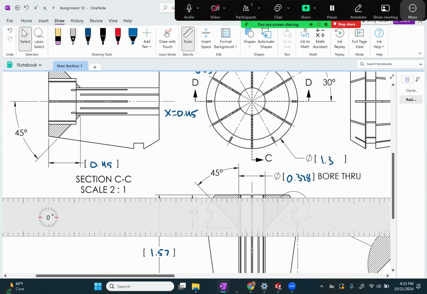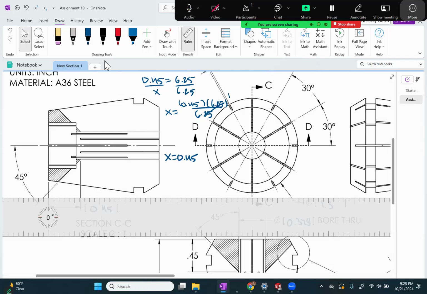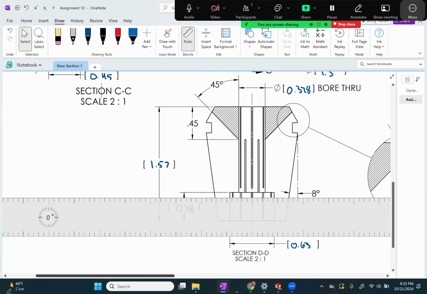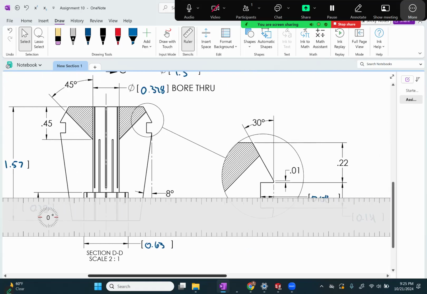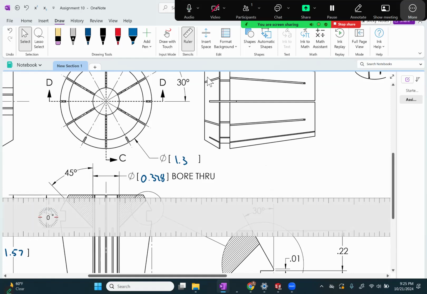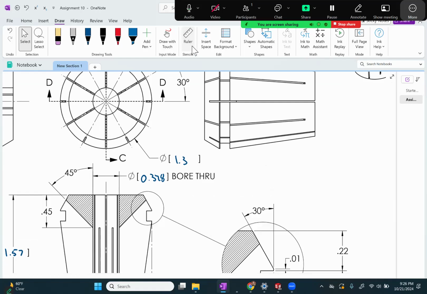Let me scan, double check. Erase this first, because I believe it is. Yes, I think so. Okay, let me turn off my ruler. No longer need that.